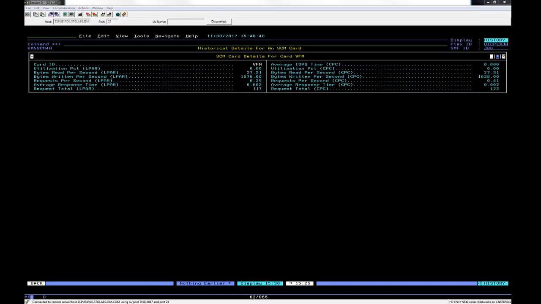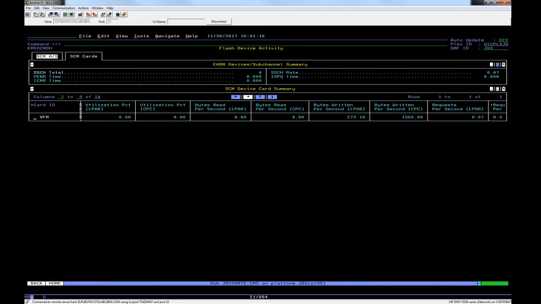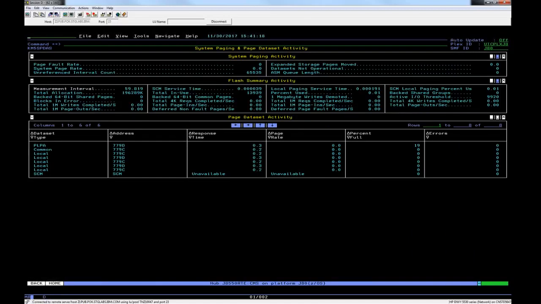So if we page backwards, if we look at the metrics, we can see them changing. This particular report is cached, so the response time is pretty good. So backing out of there, that covers our flash summary, our flash memory support.